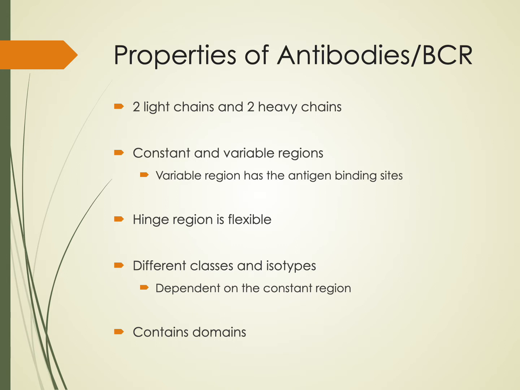So we'll look at how the B cell can control which constant region is being expressed. mRNA splicing is the key. The B cell will have all the constant regions for the different classes, but when it's making the mRNA, it will splice in the constant region for the antibody to be produced.